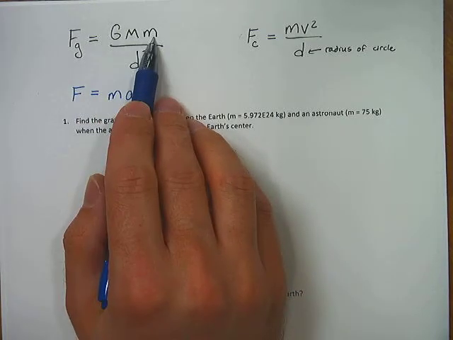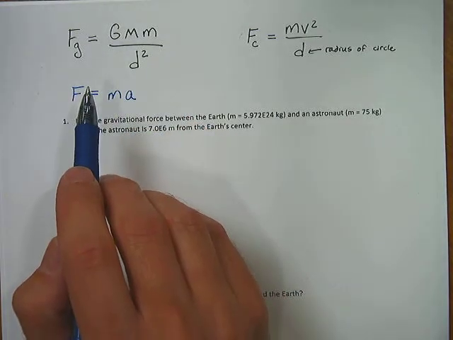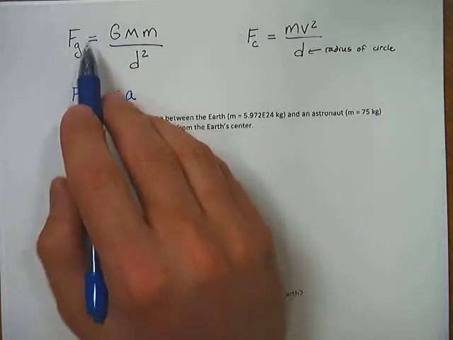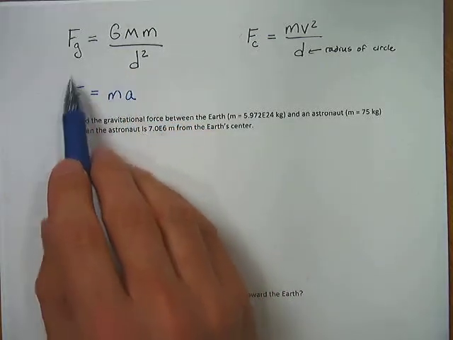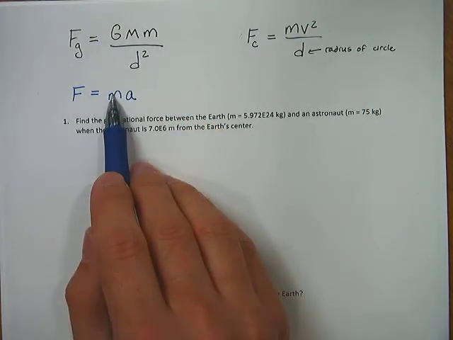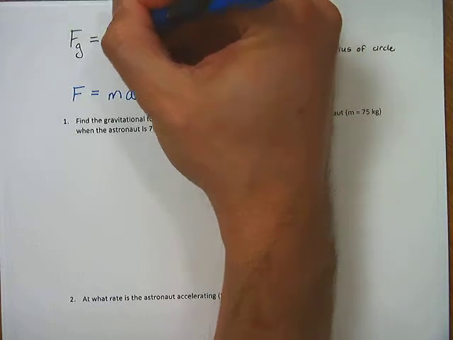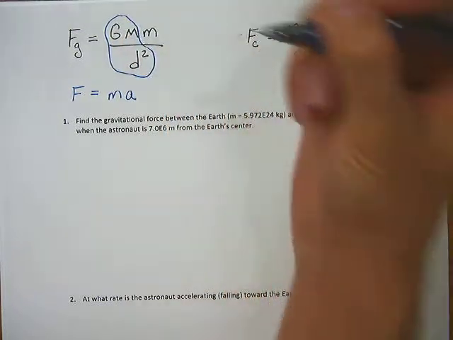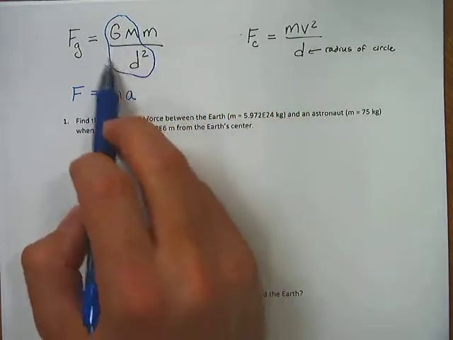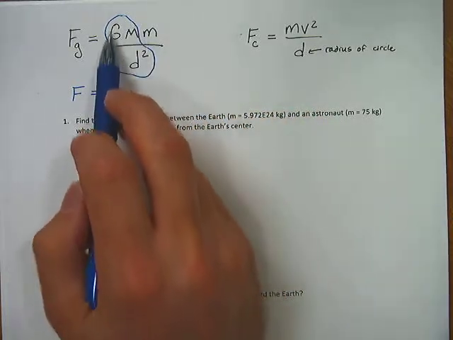This force of gravity causes one of these masses to accelerate. If we line these equations up, here's my F, that corresponds to this F. Here's my M, that corresponds to this M. So this must correspond to an acceleration.